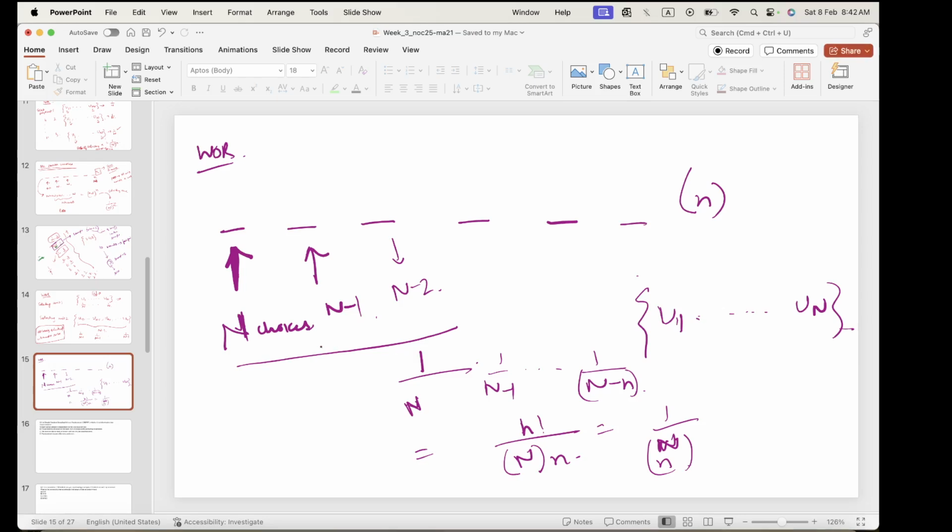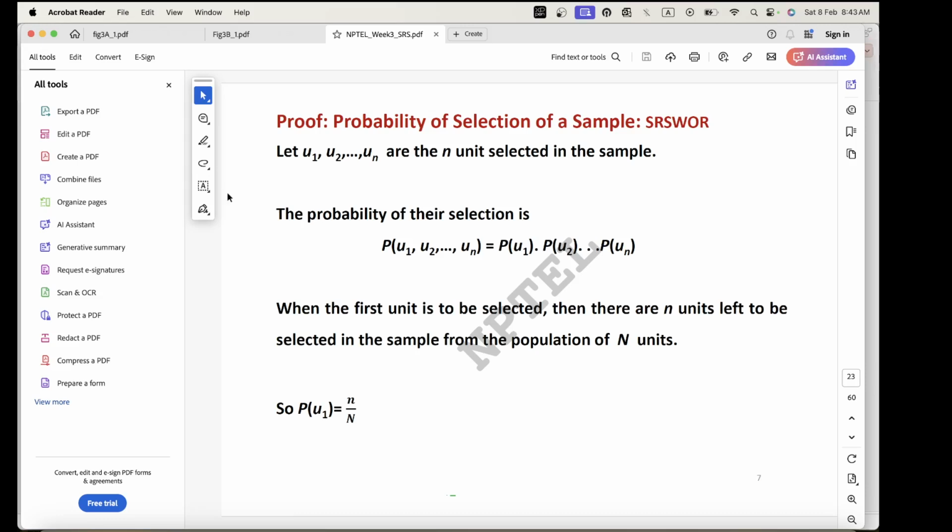So what I'm talking about is that 1 by NCN covers all possible choices, but I think this is an easier way to understand it.